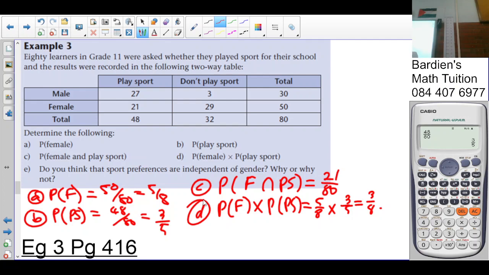Then in E, so that is 0.6. Check here, but everything in order here, so we got 5 out of 8, 0.65, that's correct. 48.